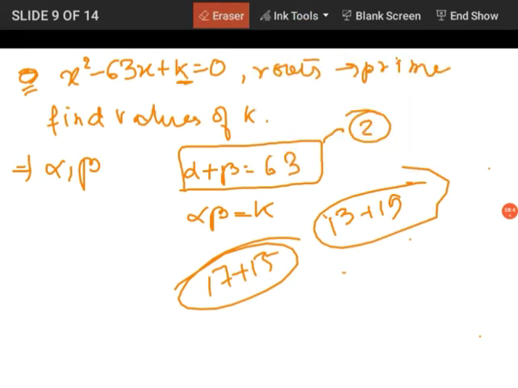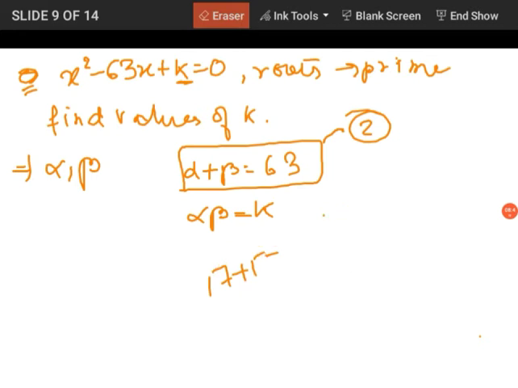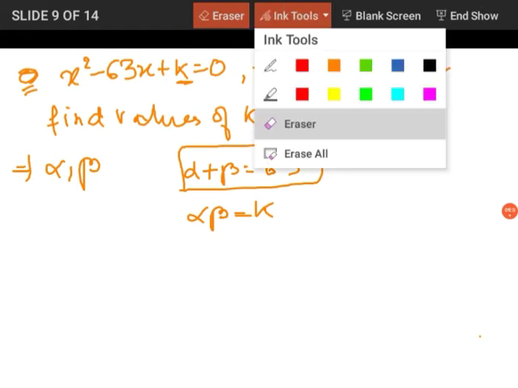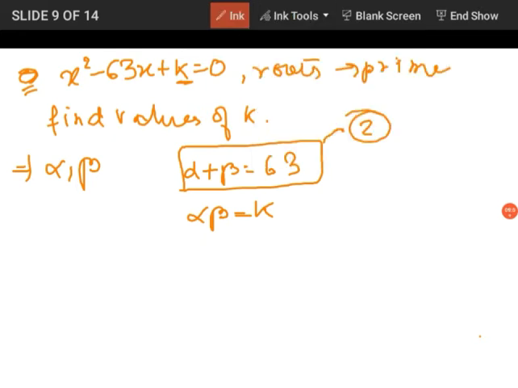So this is an observation, so I hope that you understood that if we add 2 prime numbers except 2, then the answer is always an even number. So that's why, and since here it is given that the sum of 2 prime numbers is 63, that is odd, so one of the primes has to be 2. Did you understand this? This is a very beautiful observation.